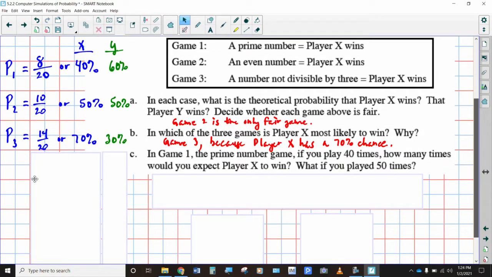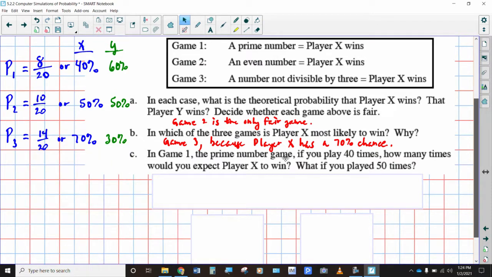So in game 1, the prime number game, if you play 40 times, how many times would you expect player X to win? What if you play 50 times? Okay, so why don't you go ahead and take a little time and see if you can figure this out. We're dealing with this probability right here, okay?